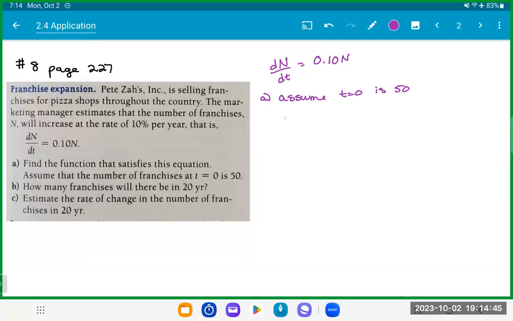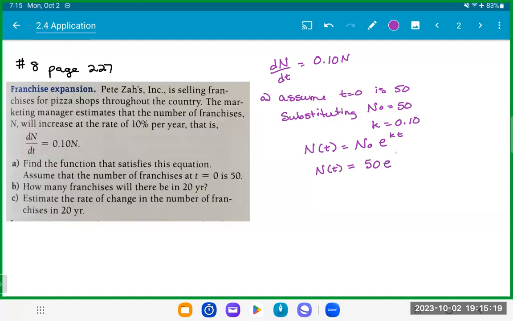So by substituting N naught equals 50 and k equals 0.10, we would get N of t is equal to N naught, that's our initial value, times e raised to the kt. So we substitute in the two things that we do know, and we get that N of t is equal to 50 times e to the 0.1t.